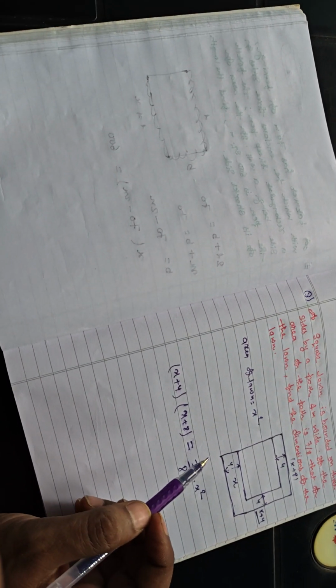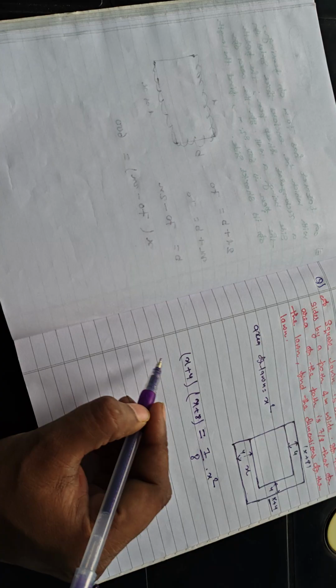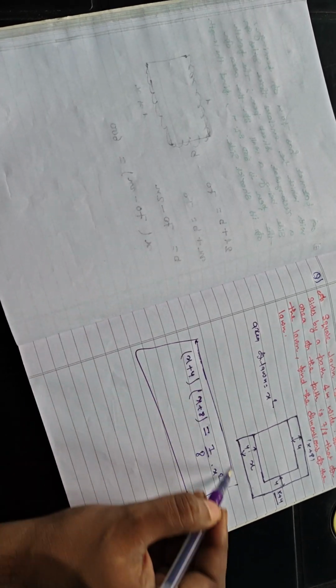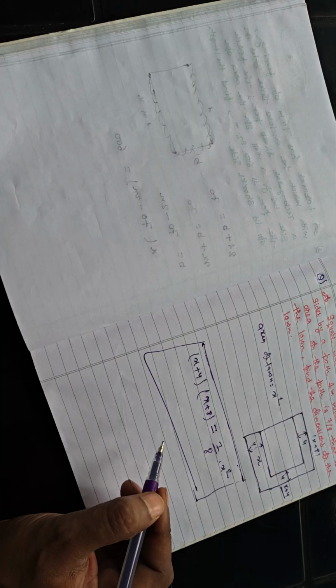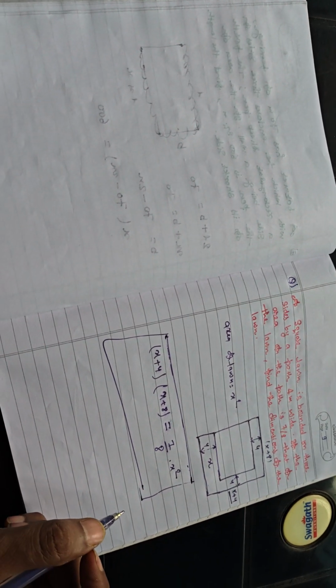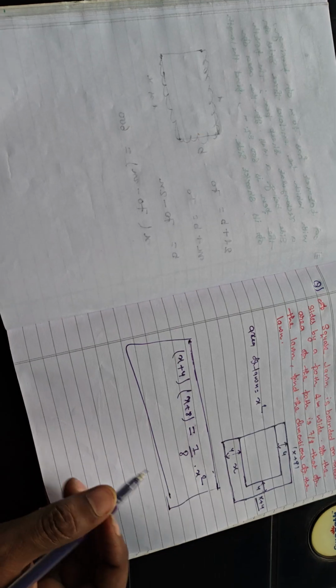After forming a quadratic equation and solving it, we get the value of x, and that is the dimension of the lawn.